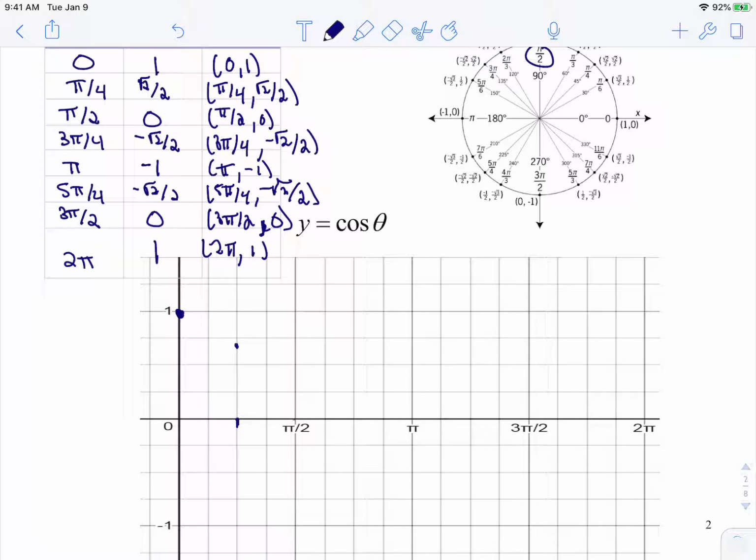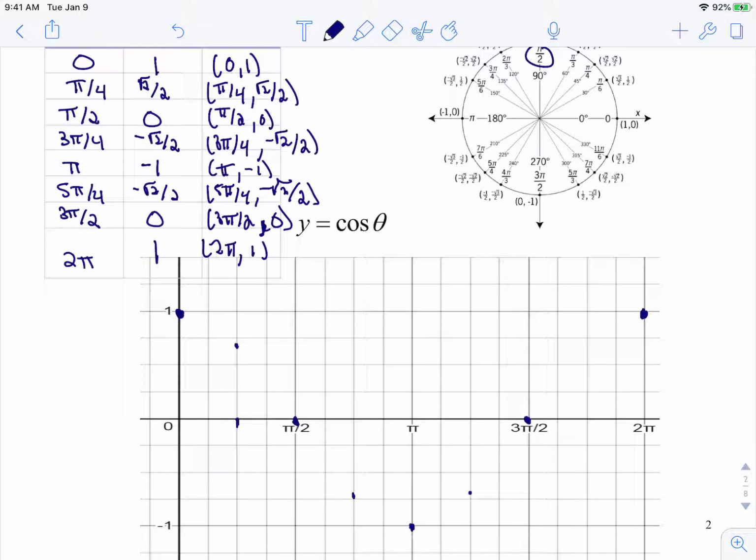Pi over 2, 0. 3 pi over 4, negative root 2 over 2. And again, I'm totally approximating that because it's irrational. Pi, negative 1. 5 pi over 4, negative root 2 over 2. 3 pi over 2, 0. And then 2 pi, 1.